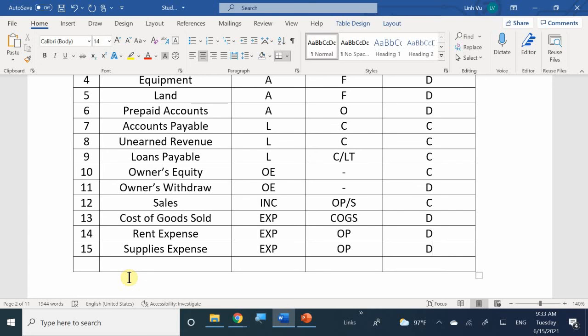So that's one way you can determine those are liabilities. Same thing with expenses, except for cost of goods sold, of course. Every expense that you'll see will have the word expense right behind it. So those ones you can already determine automatically.